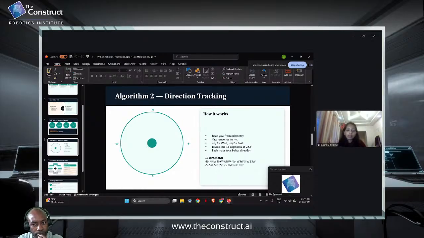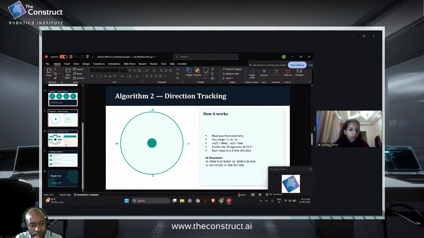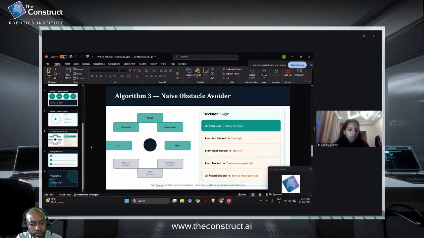Each segment corresponds to a compass direction like north, northeast, southwest, and so on. Whenever the robot changes its orientation, the algorithm maps its current yaw value to one of the 16 directions. And next we have the obstacle avoider algorithm.